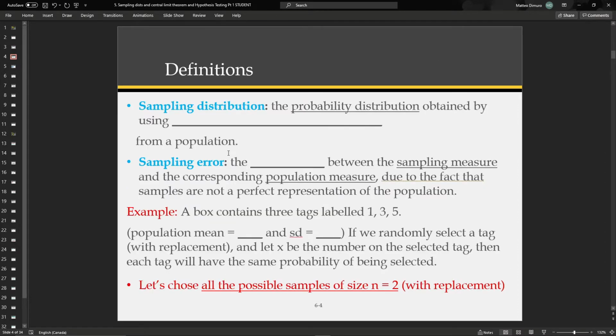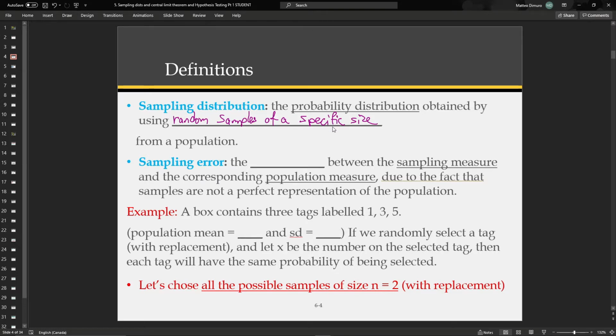Let me flip my page here. So, a couple definitions that could be useful for theory and stuff like that. Sampling distribution: the probability distribution obtained by using random samples of a specific size from a population.